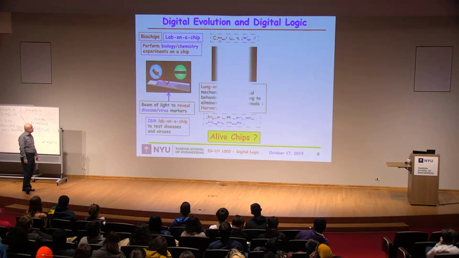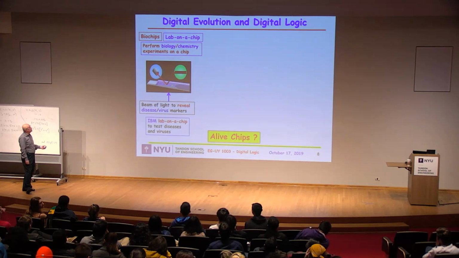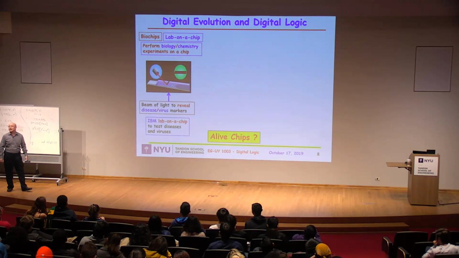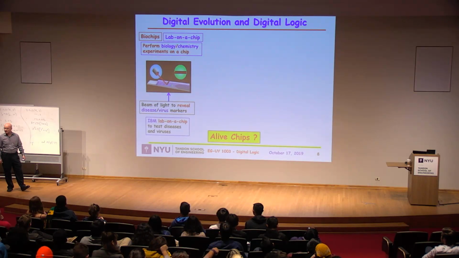How about the live chips, meaning chips that are alive? So the first kind was the biochip or lab on a chip. In this case, the biochips allow you to have chemistry, biology experiments on a chip. So you can envision that in the future, chemistry students will not be going to the chemistry lab.